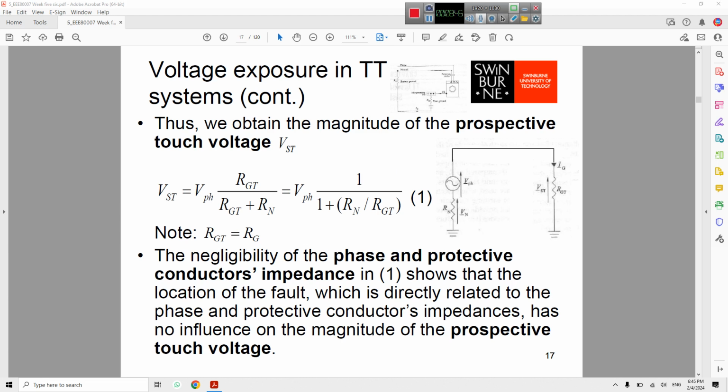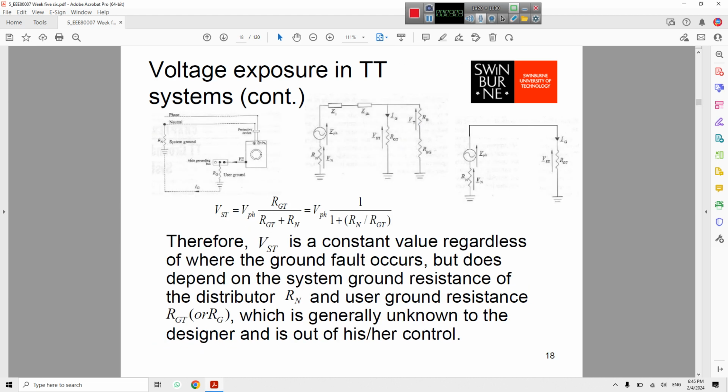The negligibility of the phase and protective conductor impedance shows that the location of the fault, which is directly related to the phase and protective conductor impedance, has no influence on the magnitude of prospective touch voltage. So again, this one is mentioned here. Therefore, VST is a constant value regardless of where the ground fault occurs, but does depend on the system ground resistance.